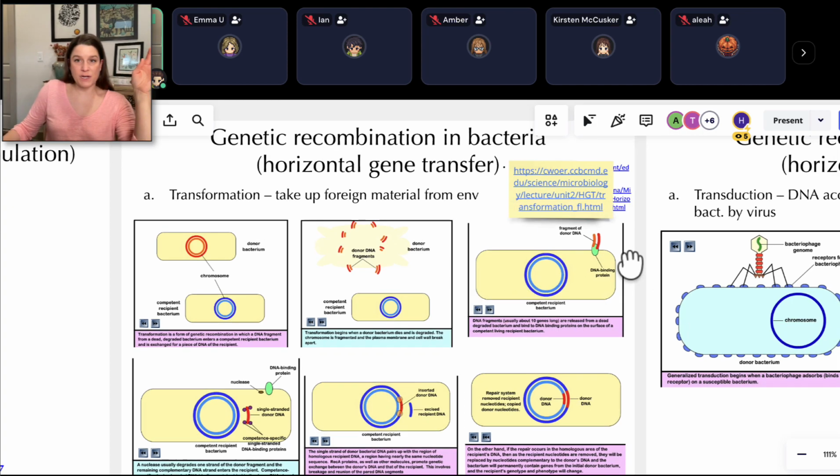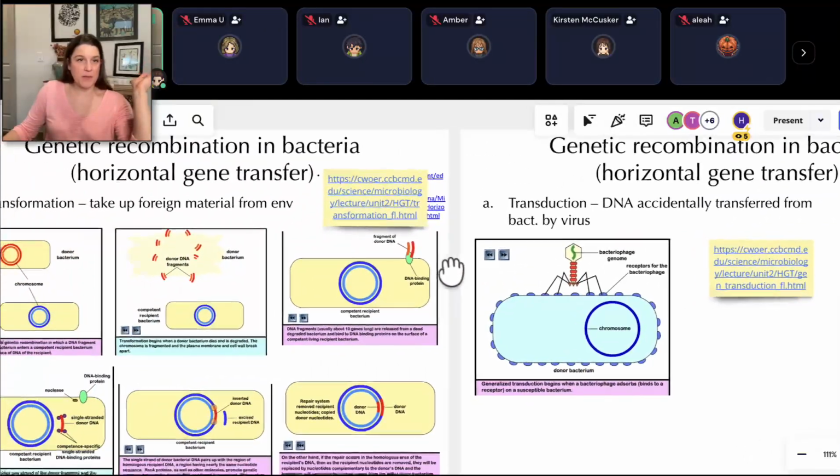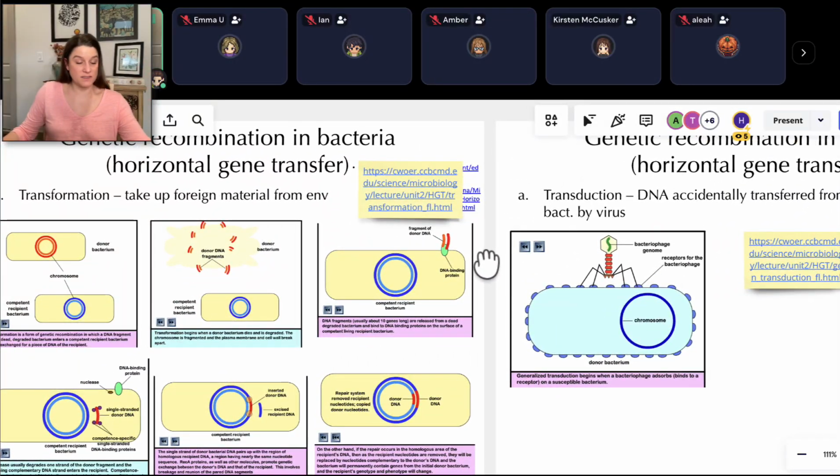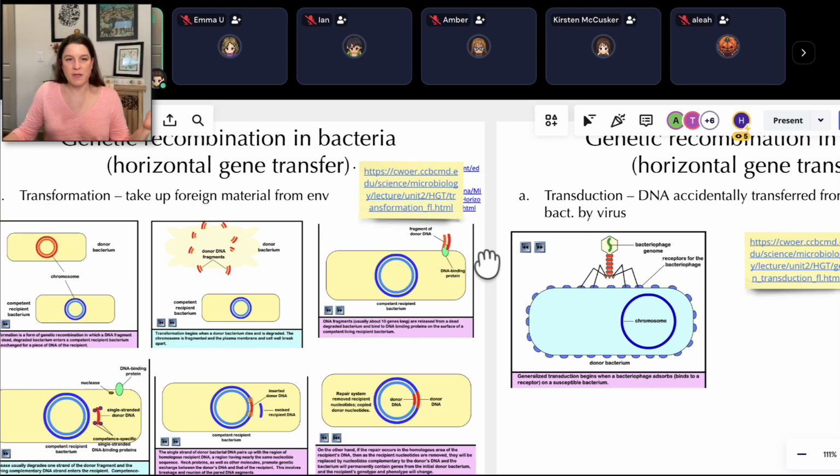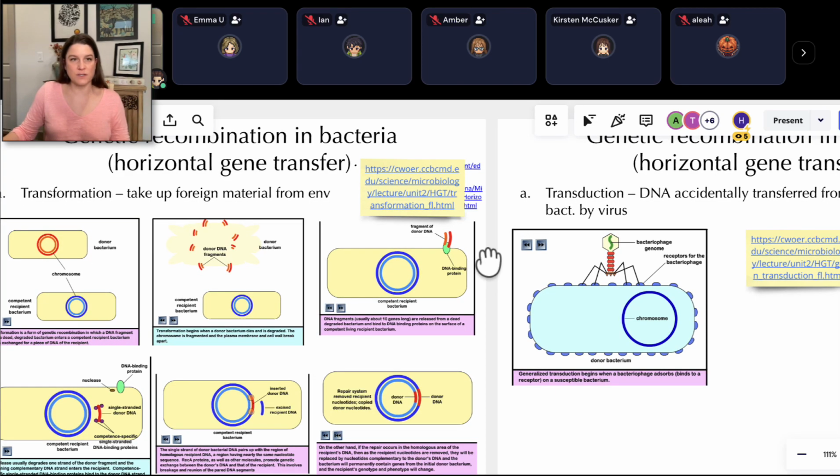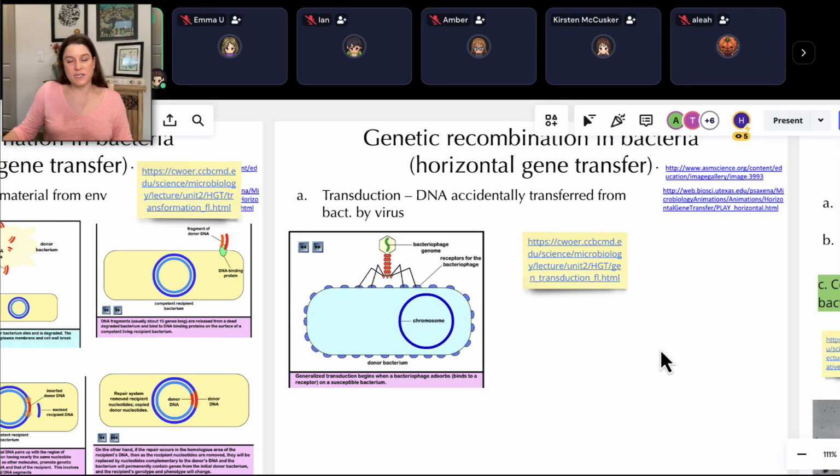And this is different than reproduction, as we know, because reproduction is when you make an offspring. This is not making offspring. This is like changing the individual bacterium as it exists. That's horizontal gene transfer. And then transduction. Remember, the genetic material, I guess it would have to be DNA actually, from one bacterium to another is accidentally transferred by a virus, because the virus has broken up all the DNA inside of the host cell.